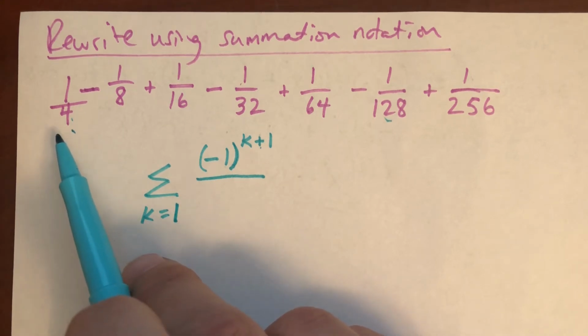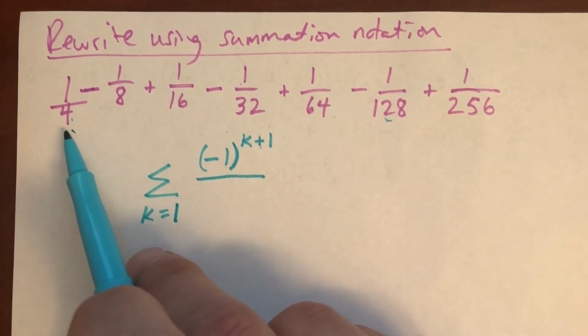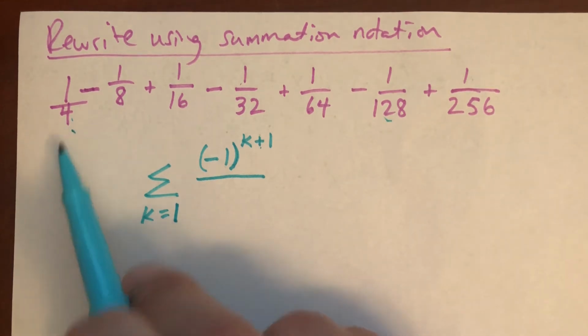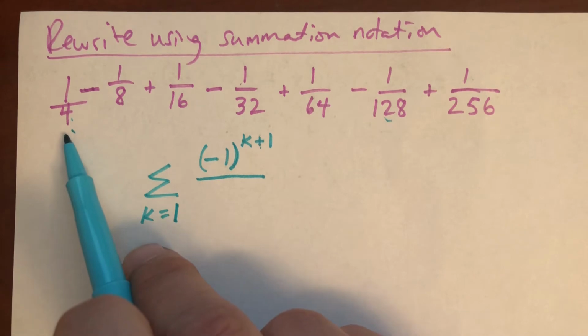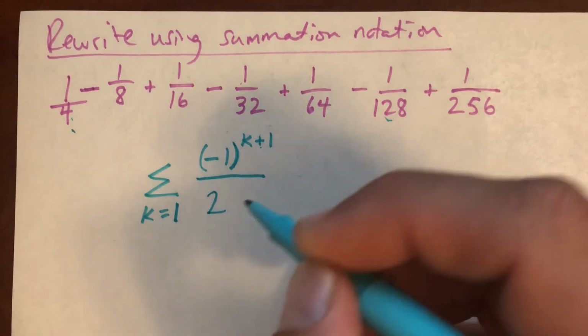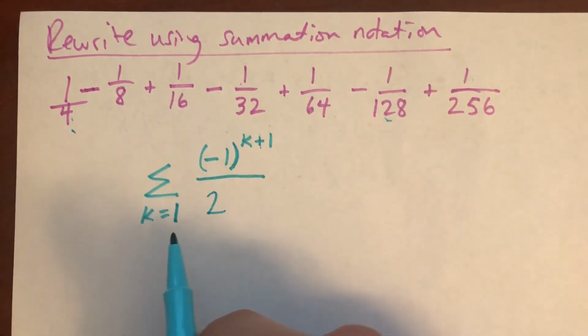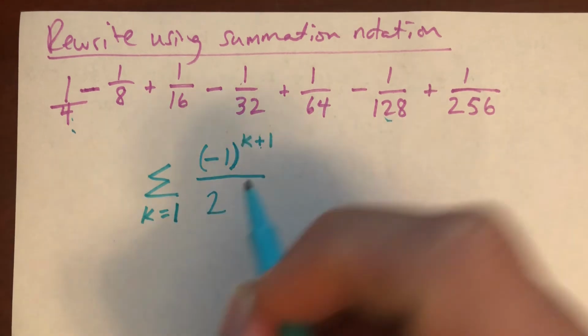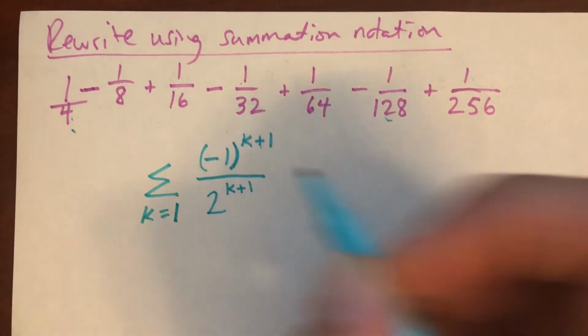We could probably write this in a couple of different ways, but the thing that's jumping out to me is that this is a power of 2, right? So for our first term, we would want to write a 2 to the second power. If I want this to be the second power, I can put k plus 1 right there.